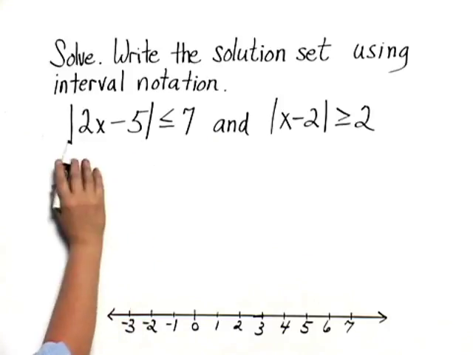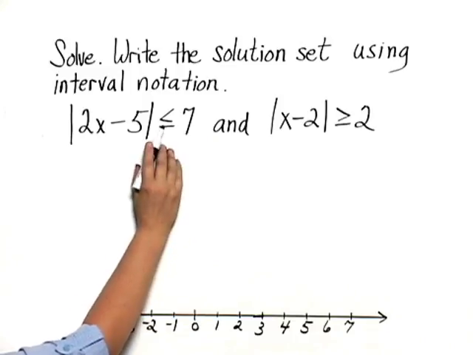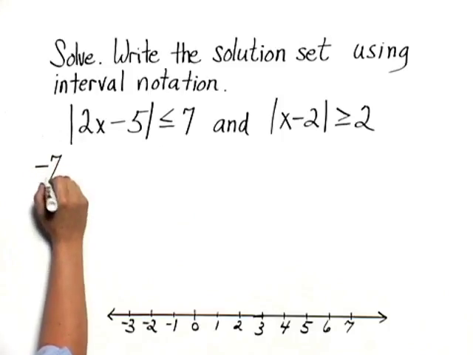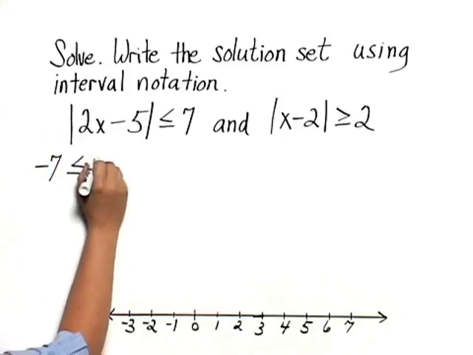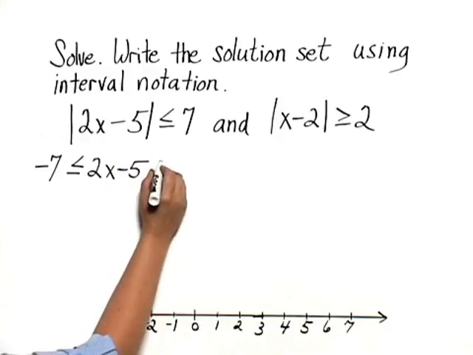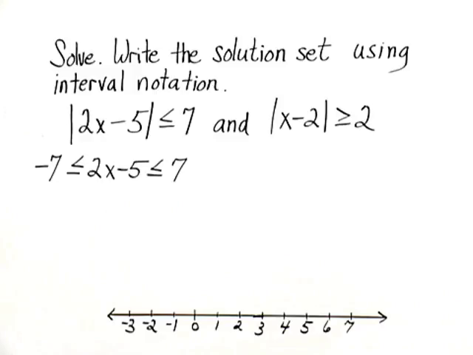Let's start with this. When we have the absolute value of an expression less than or equal to a number, we can write that as negative 7 is less than or equal to 2x minus 5, and 2x minus 5 also must be less than or equal to positive 7.